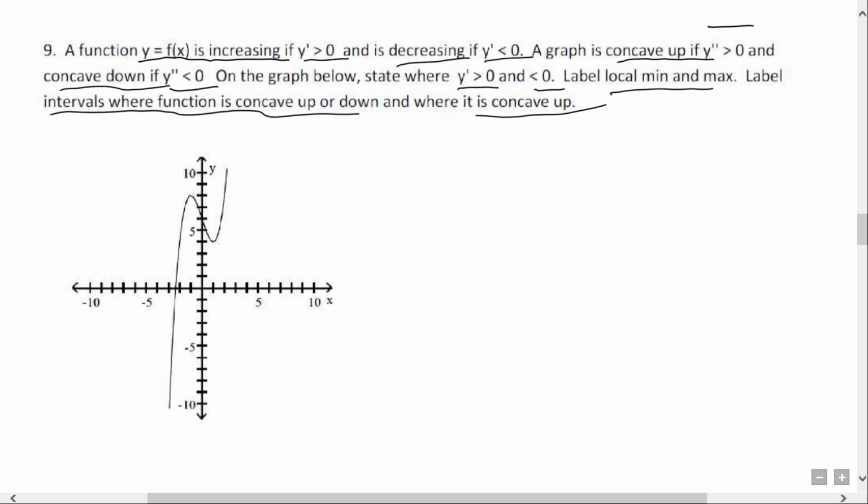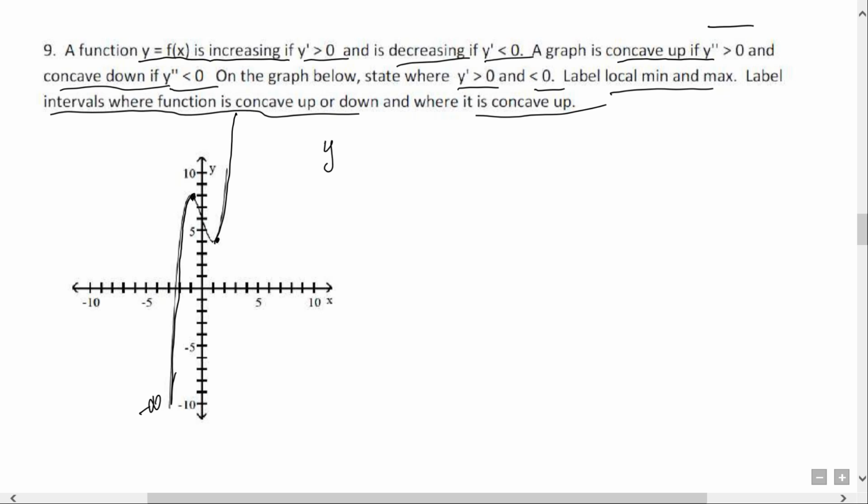Interpreting this graph, we see that the function is increasing from minus infinity to this point, which is x equals minus 1, and it's also increasing between 1 and infinity.